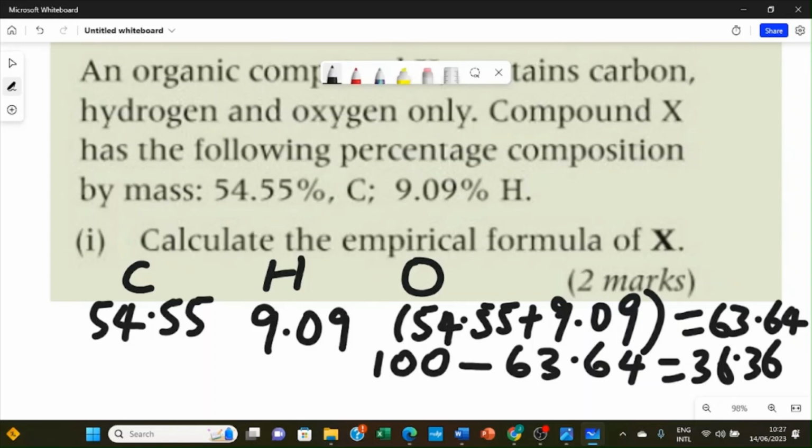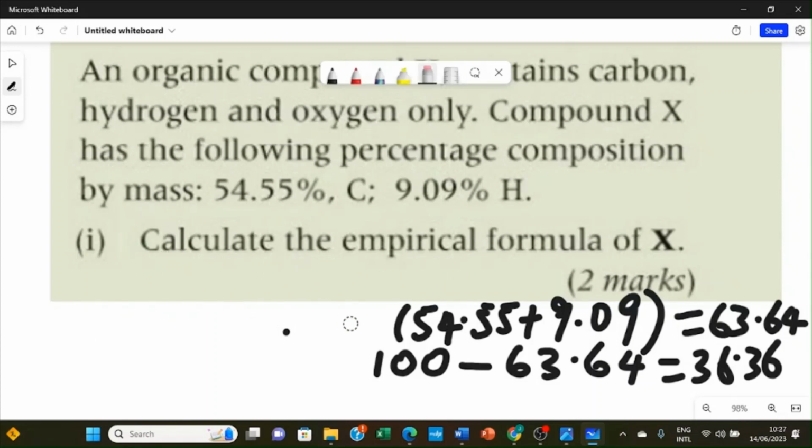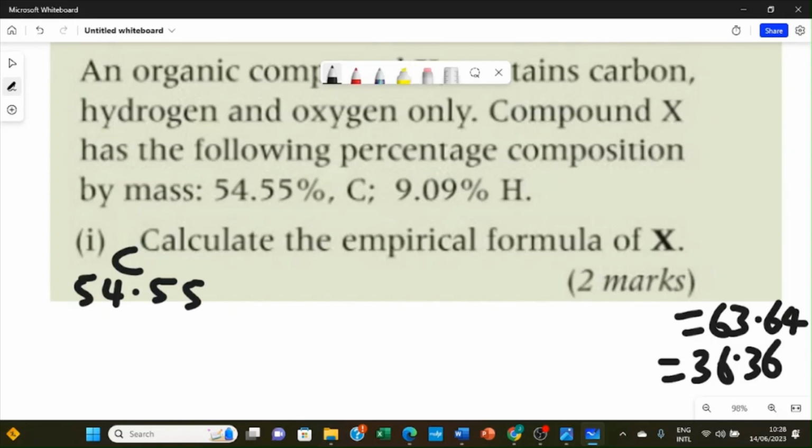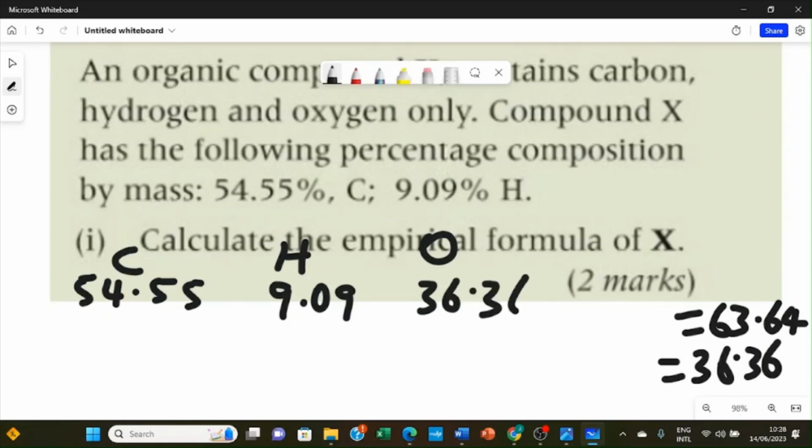36.36. So that means carbon is 54.55, hydrogen is 9.09, and oxygen is 36.36.